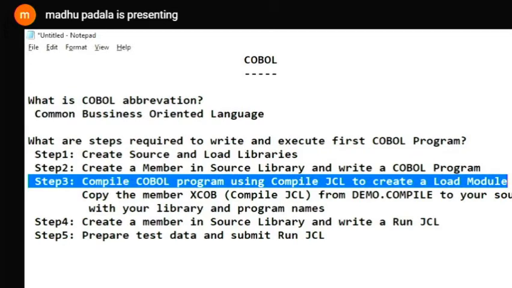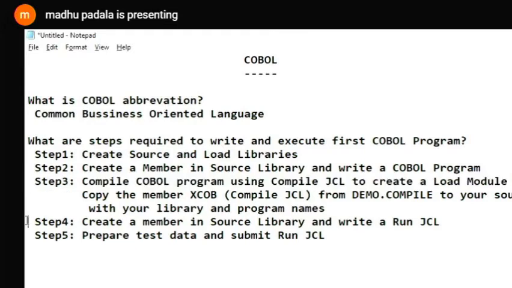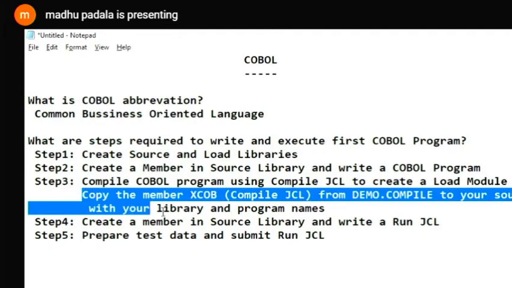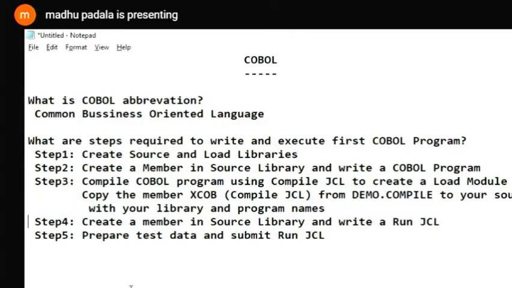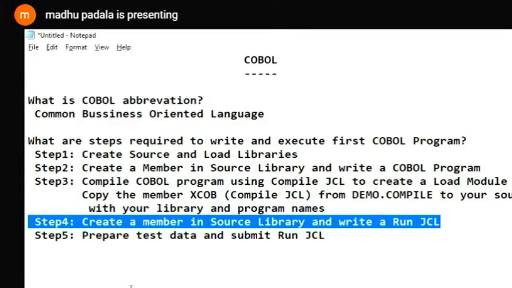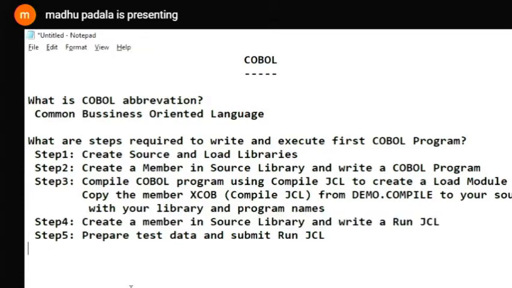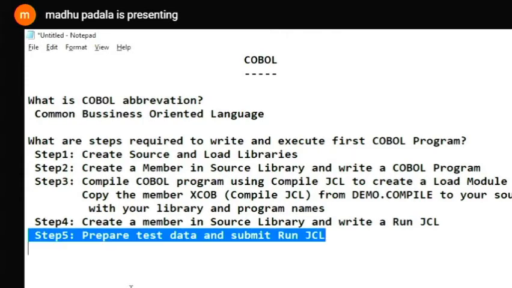Okay. Now let's go to step 4. How to check and fix the errors, that we will see later. It's too early. Step 4: create a member in the source library and write a run JCL. In our case, step 5, there is no test data here.